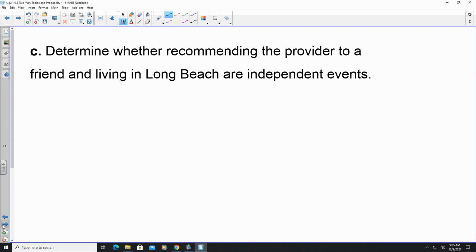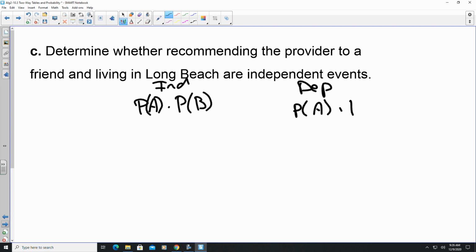So for it to be an independent event, if you recall from the previous lesson, you have to take the probability of A times the probability of B. If we were looking at a dependent event, it would be the probability of A times the probability of B with respect to A. So we're going to look at both formulas to see if they're the same or not.